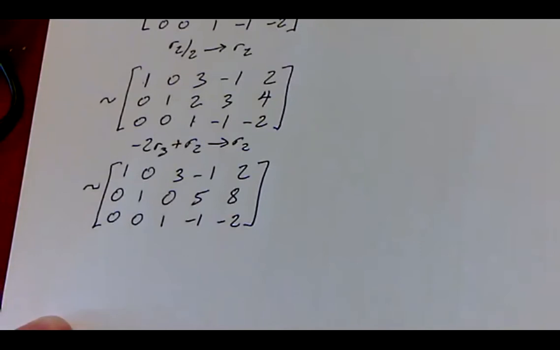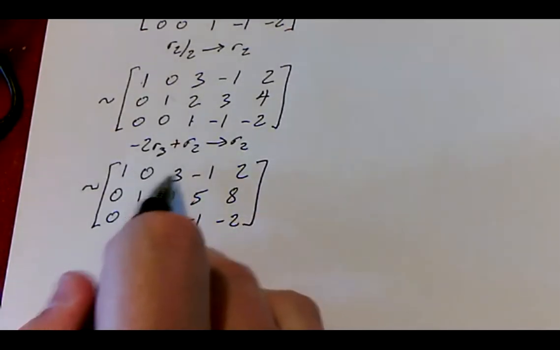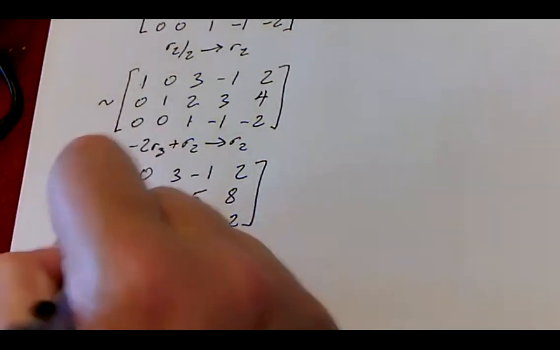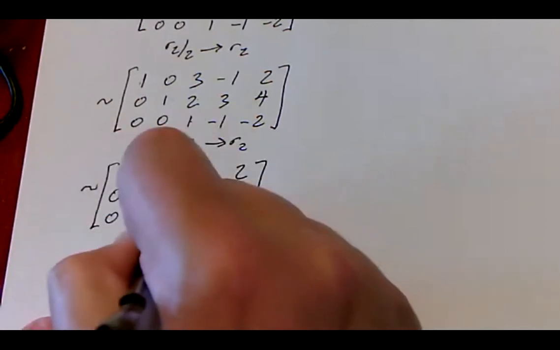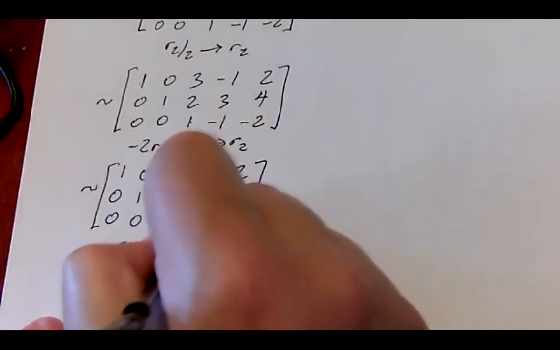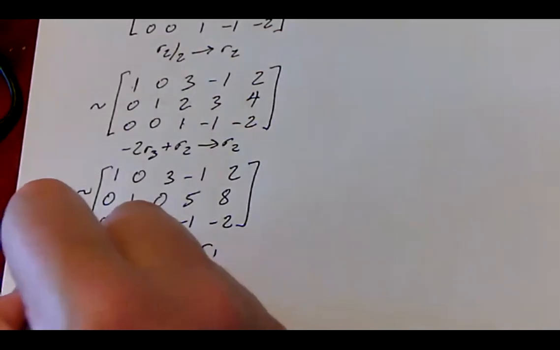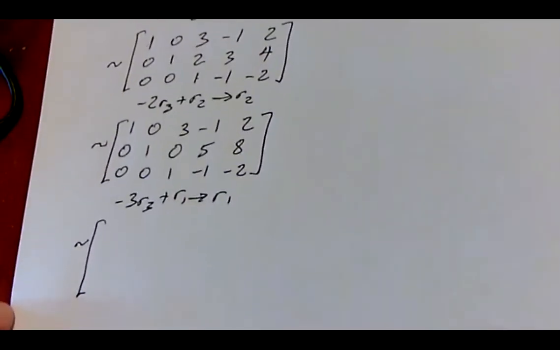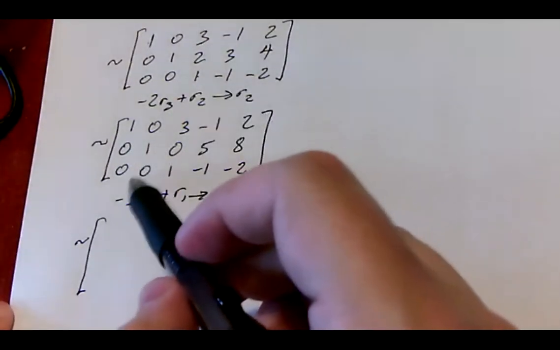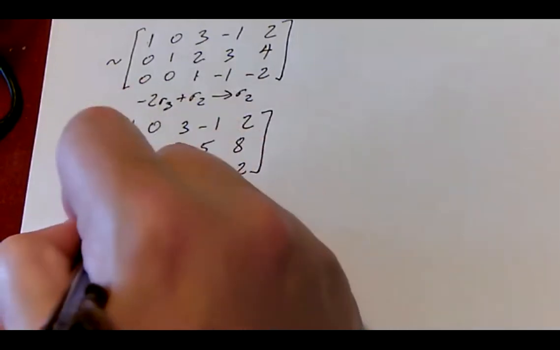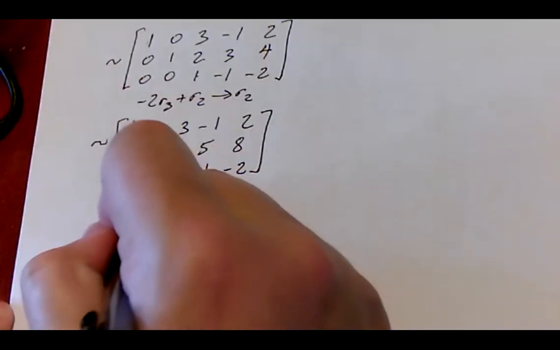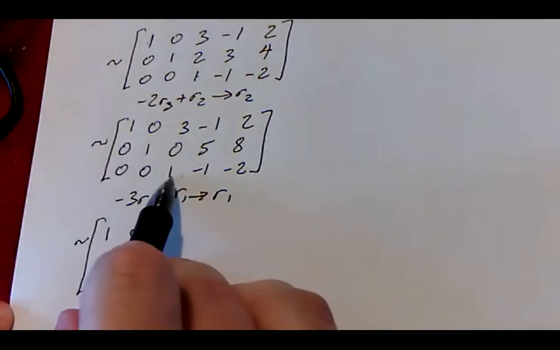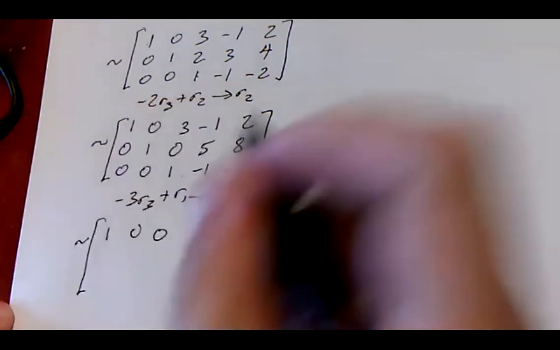Now I need to do the same thing for the 3 that's above my leading entry of 1. So I'm going to do negative 3 times row 3 plus row 1, and replace row 1. I'm working my way up here. 0 plus 1 is still going to be 1. 0 plus 0 is still 0. Negative 3 plus 3 is 0.